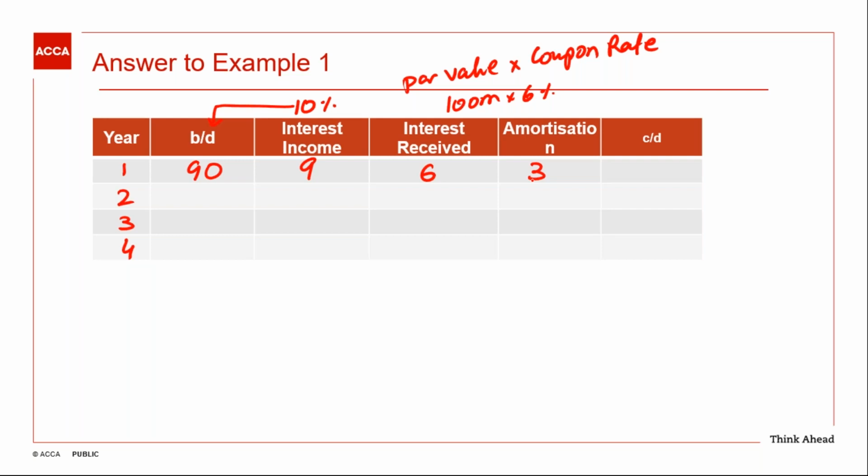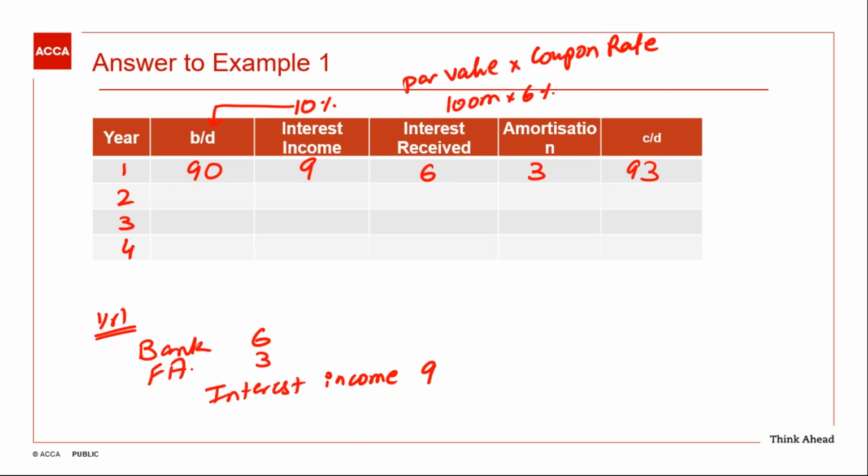It will be 3 million. And my carried down of the financial asset will become 93 million because I have received an interest of 6, but my interest income was 9. This means that I should receive an additional $3 million of the interest in the later years.